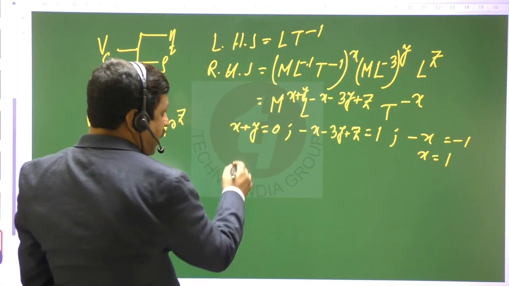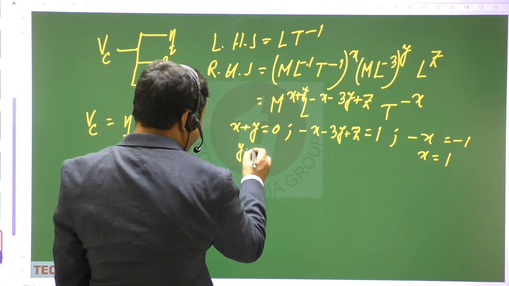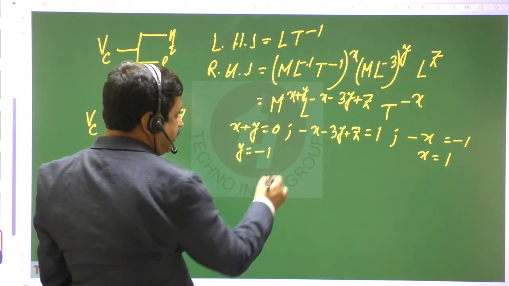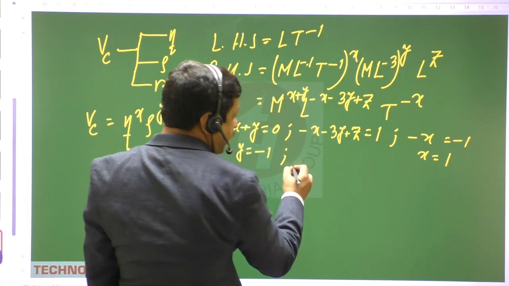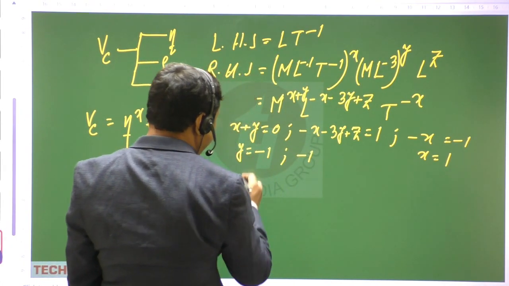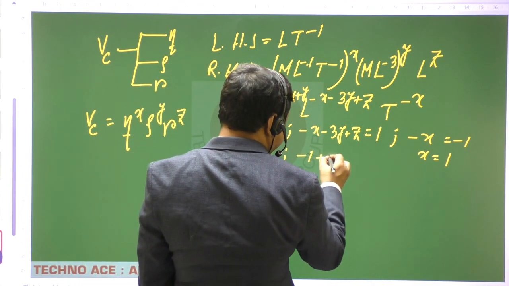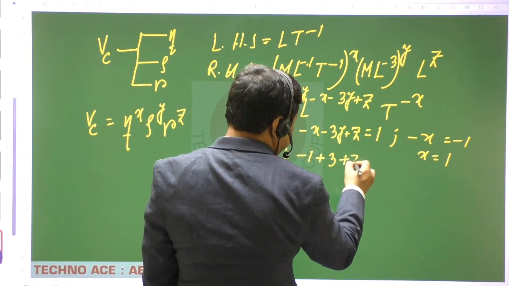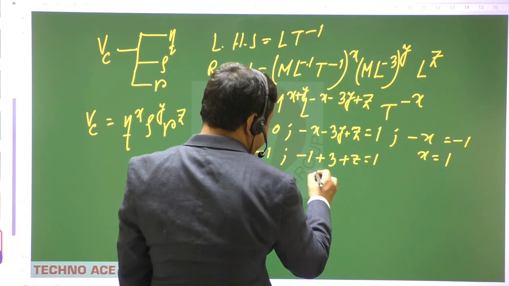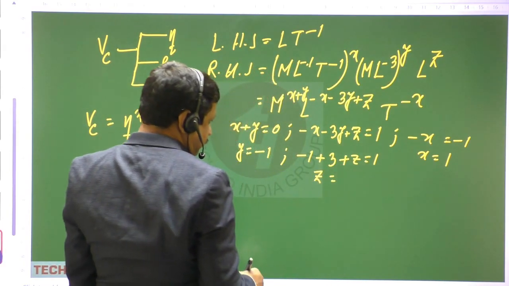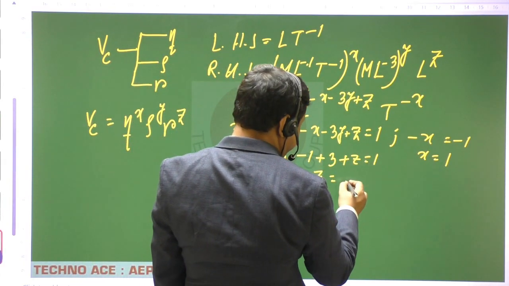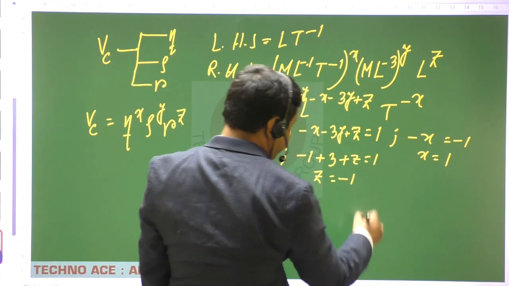If you put this value x equals 1, then y will be minus 1, right? So here minus 1 plus 3 plus z is equal to 1, z will be 1 minus 2, that is minus 1, right?